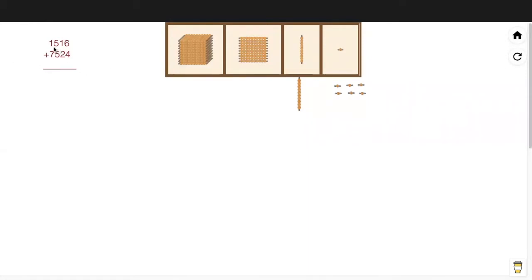Okay, well, let's see. How many 100s do I need for the first number? We have 1 1,000, 5 100s, 1 10, and 6 ones. So how many 100s do I need? 5. 5 100s. So if you have your materials, go ahead and get out 5 100s.